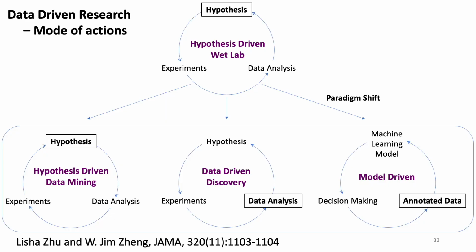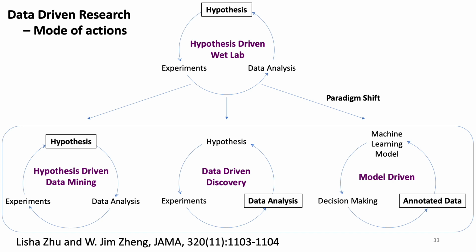The other thing is we are also helping people with data-driven research. Instead of the hypothesis-driven approach in the lab, where they first have a hypothesis, then design the experiments, then do the data analysis, now with so much data available, we can actually help them by doing data mining on existing data sets out there, and maybe either generate some hypotheses or make some discovery before our collaborators in the lab do any experiments.